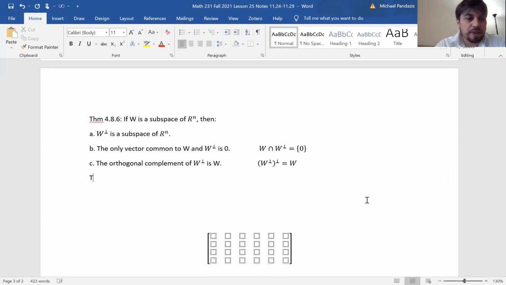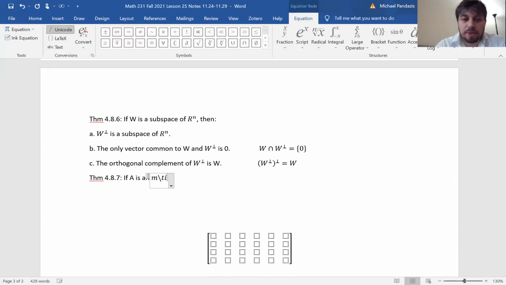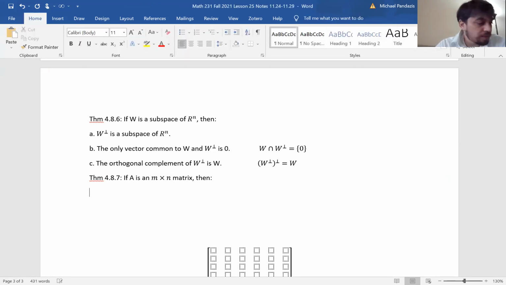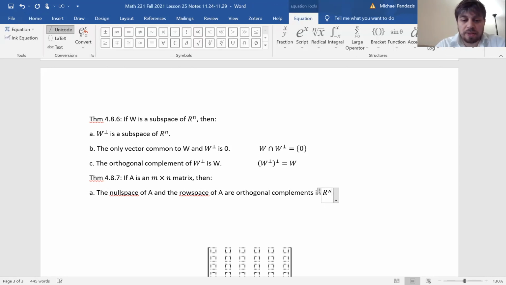So this is theorem 4.8.7. If capital A is an m by n matrix, then the null space of A and the row space of A are orthogonal complements in n space.